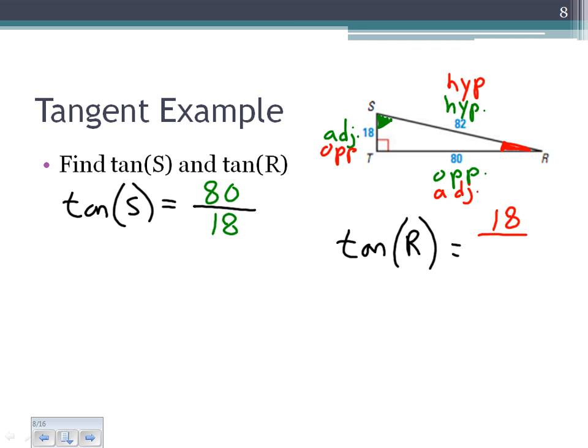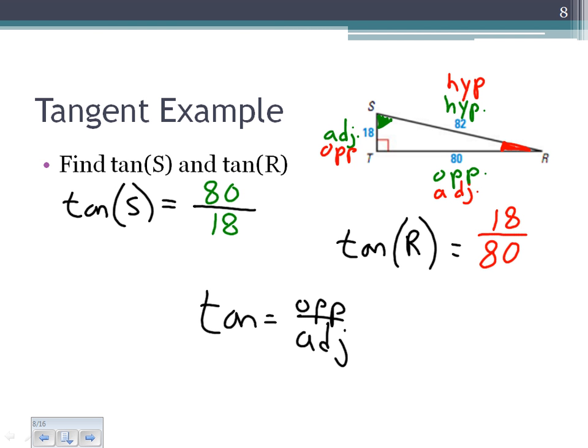What is adjacent to angle R? 80. No. Notice we did not use 82 because that is my hypotenuse. And remember, the tangent ratio is tangent equals opposite over adjacent. There is no hypotenuse there. We can just ignore it.